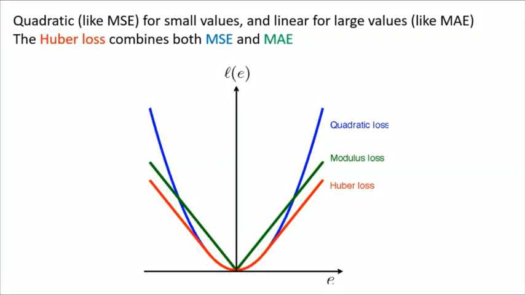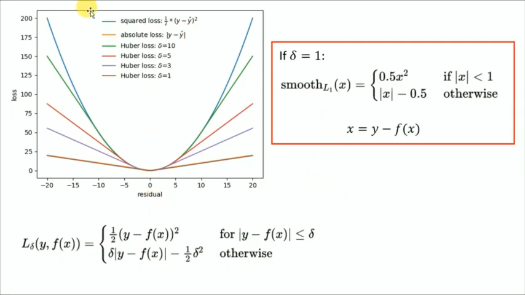So let's see the effect of tuning delta. When you have delta equal to 1, you have this brown plot. When you have delta equal to 3, you have this purple plot. When you have delta equal to 5, you have this red plot, and so on. So this is the effect of tuning the delta in your equation.